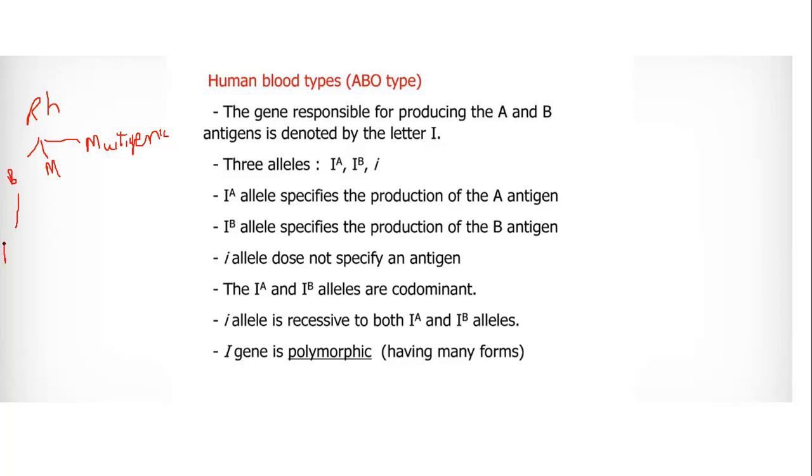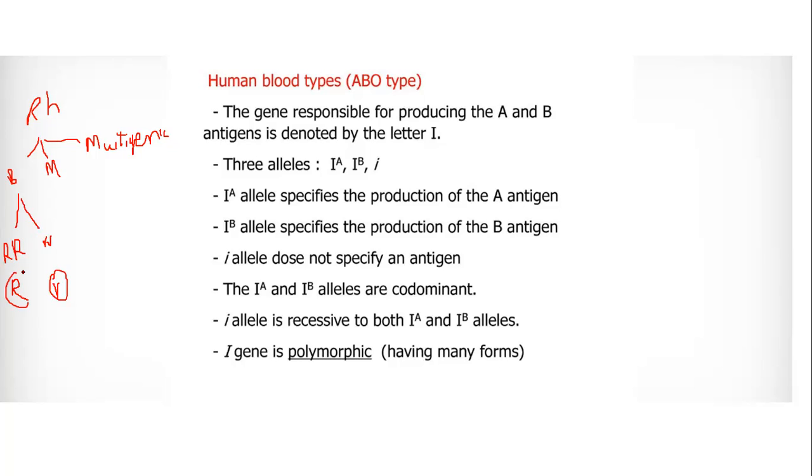Biallelic means there are only two alleles, capital R and small r. Capital R is responsible for creating Rh positive, and small r is responsible for creating Rh negative.